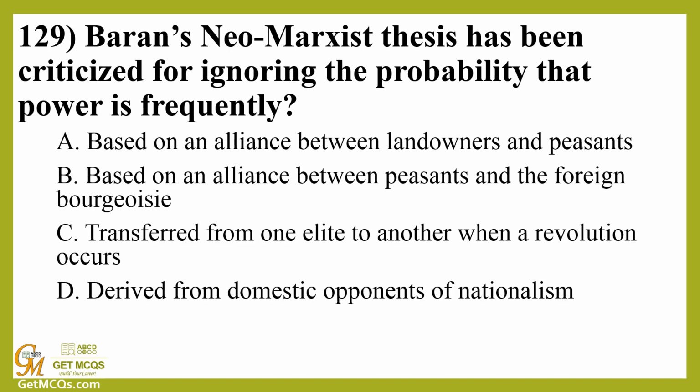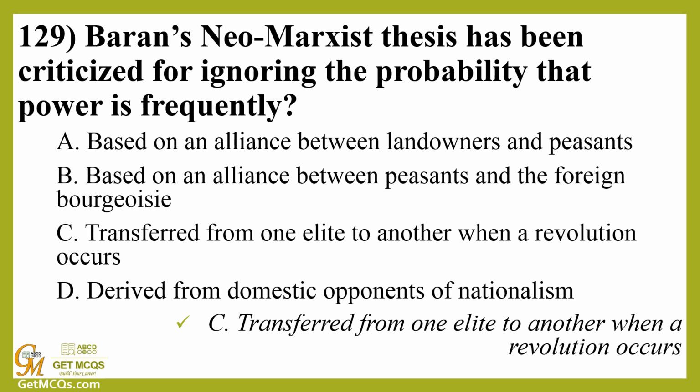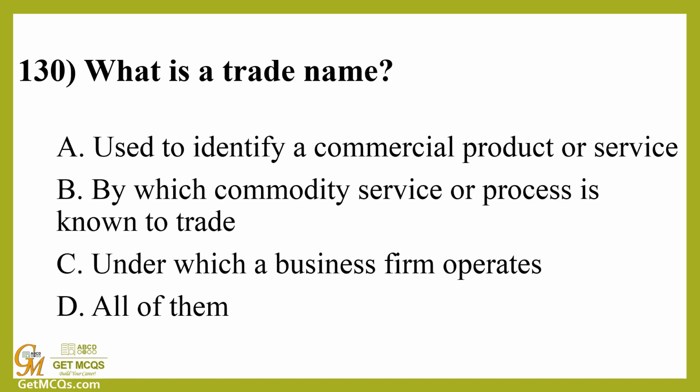Baran's neo-Marxist thesis has been criticized for ignoring the probability that power is frequently C. Transferred from one elite to another when a revolution occurs. 130. What is a trade name? D. All of them.